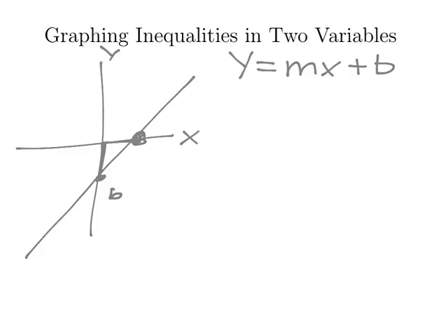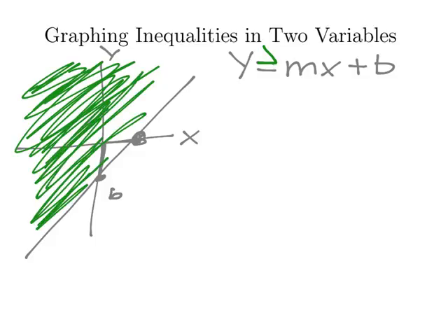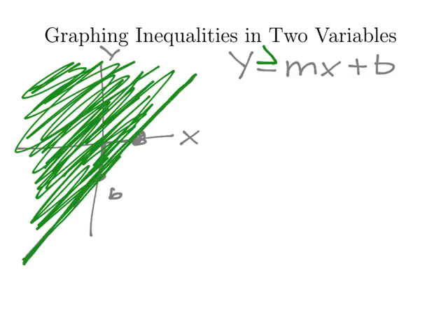What if, when I work out the problem, I get something like y is greater than or equal to mx plus b? Well, then I shade in everything that's above, and because it's greater than or equal to, remember, for one variable, we'd have a closed circle. For two variables, we have a solid line. So that's that. And we'd shade in what's above.